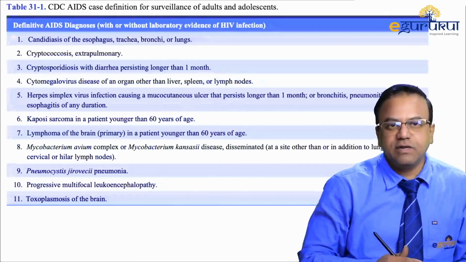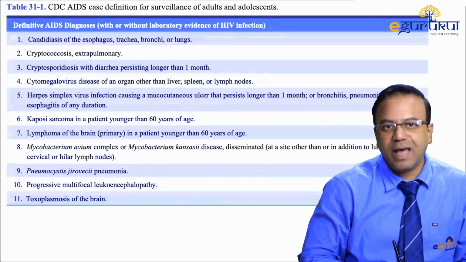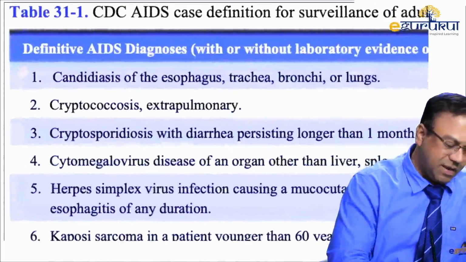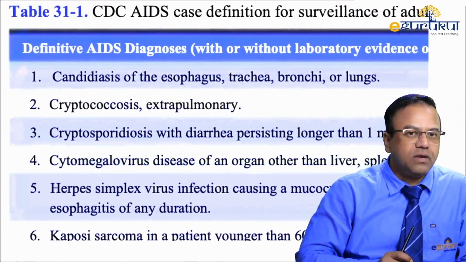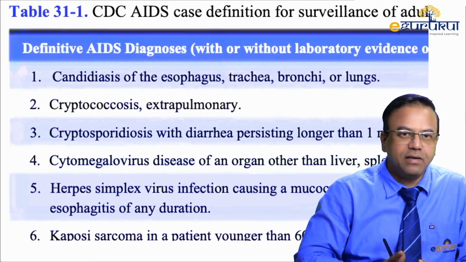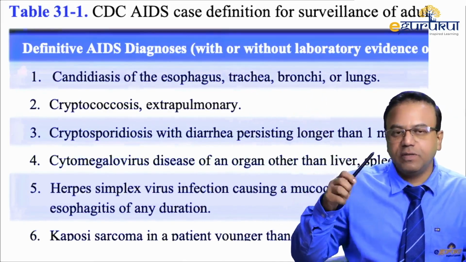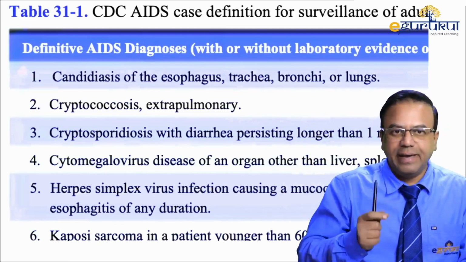So these are the AIDS-defining diseases where you don't even need the lab evidence of HIV infection. In this list, we have the candidiasis of the esophagus, trachea, bronchi, or lungs. Be careful, candida infection of the vagina or the oral cavity is not an AIDS-defining diagnosis. But candidiasis of the esophagus, the trachea, the bronchi, or the lungs should tell you, okay, this patient has got an immune compromise problem, could be AIDS.